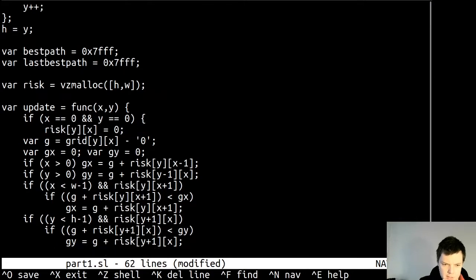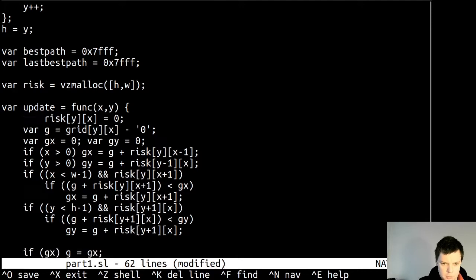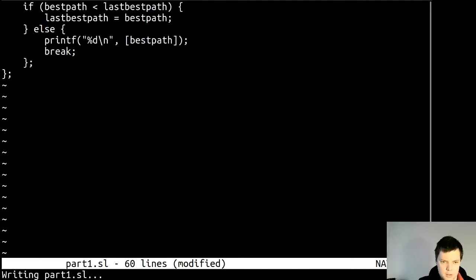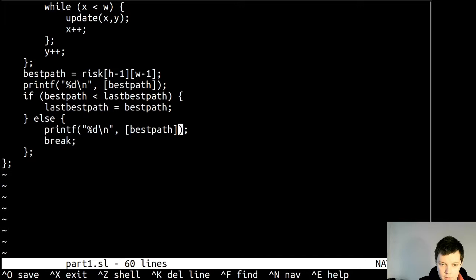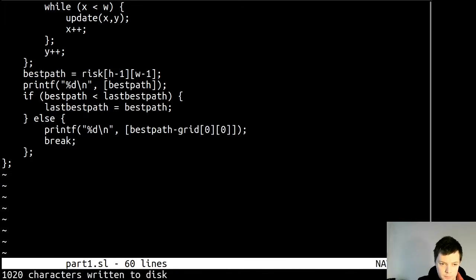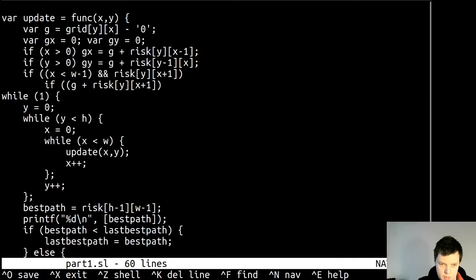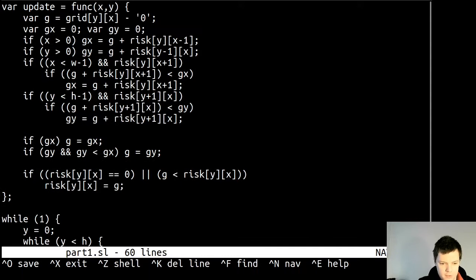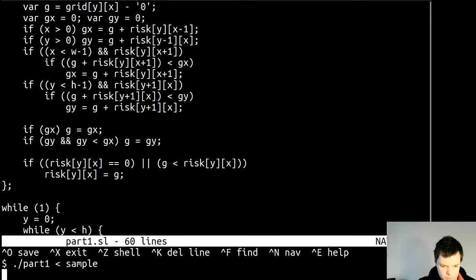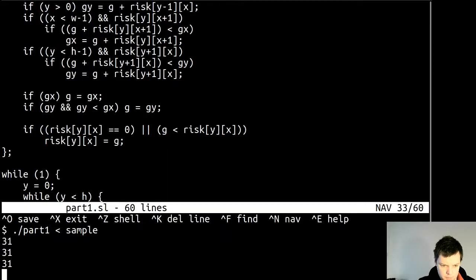But I'm using 0 to indicate unknown cost. What we'll do is we'll just subtract off at the end the cost of the top left square. And then the other thing is, why is it coming up with 3 instead of 5? So that's coming up with 31 instead of 40.